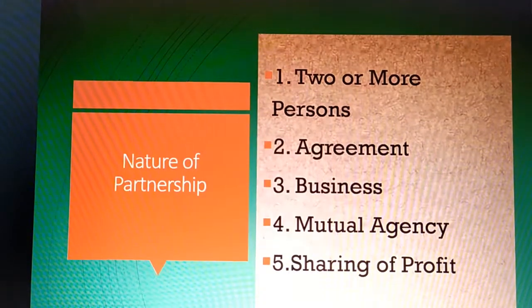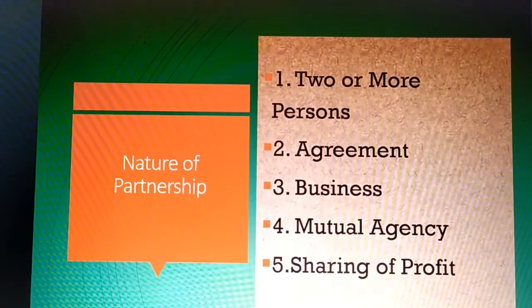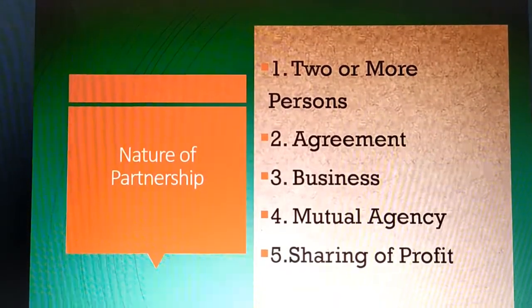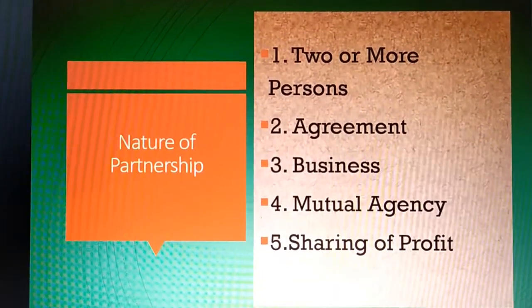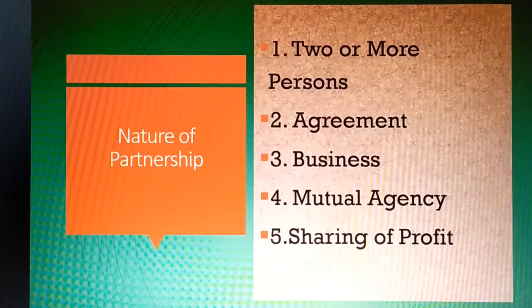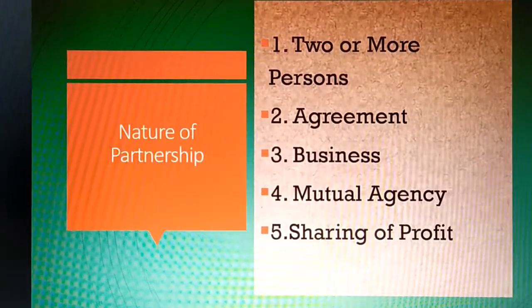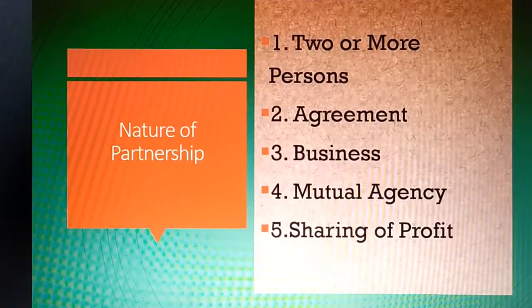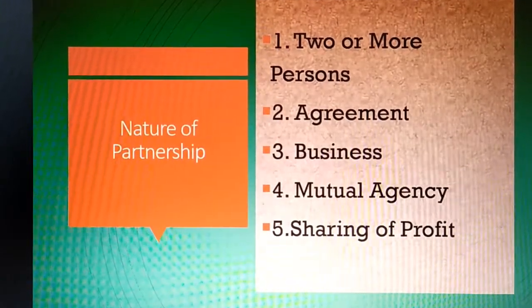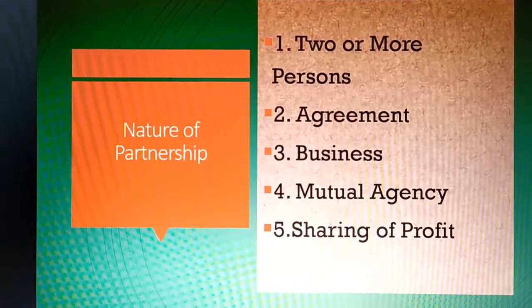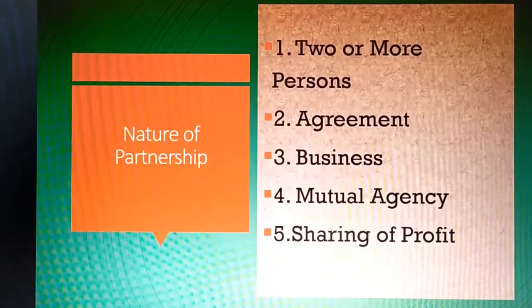So from the definition of partnership, we can now tell the nature of partnership. What is the nature of partnership? The first feature is that it's a relation between two or more persons. To form a partnership there has to be at least two persons. A single person cannot form a partnership, because that will become a sole proprietorship. So there should be at least two persons.